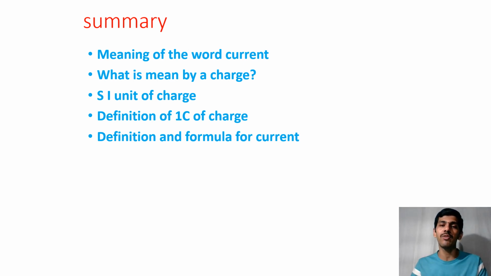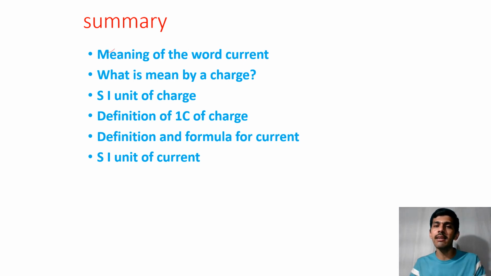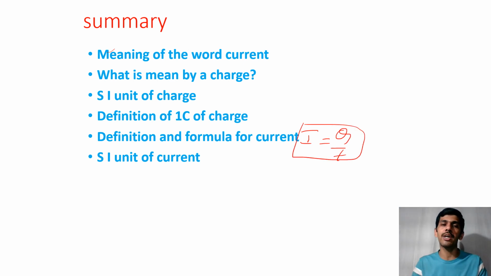Then the definition and formula of current. What is the definition we have discussed? It is the rate of flow of charges, and the formula for current is I equal to Q by T. This is the formula for current, and the SI unit of current we have discussed. Ampere is the SI unit of current.